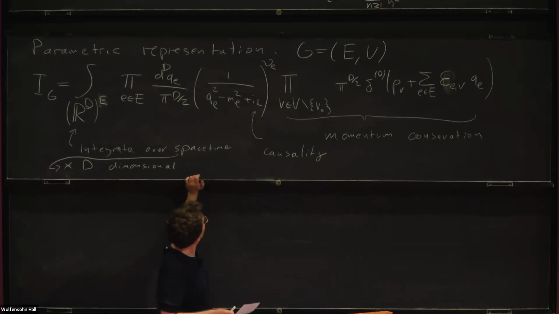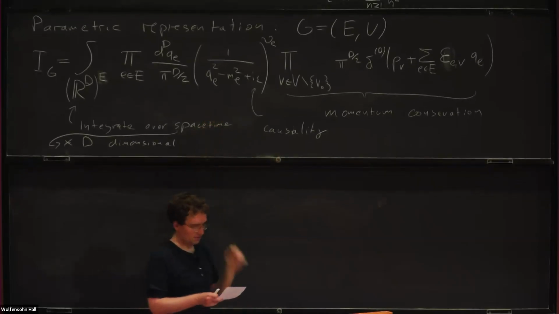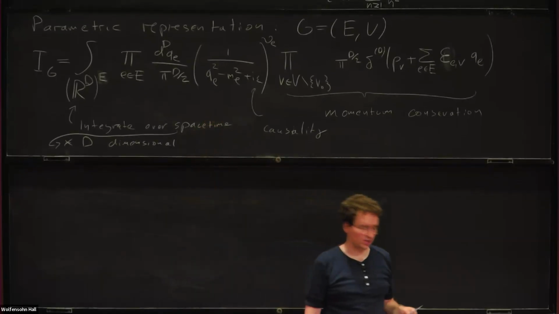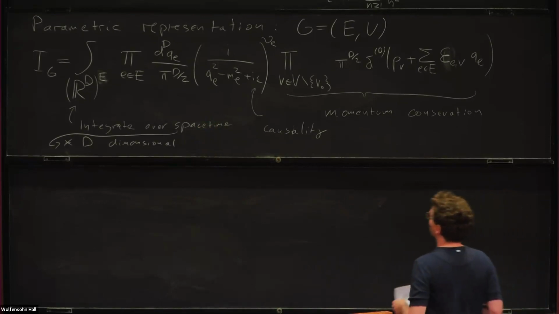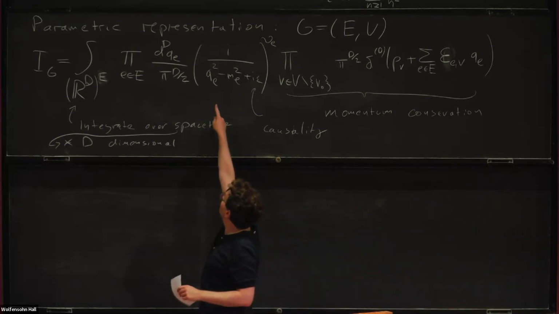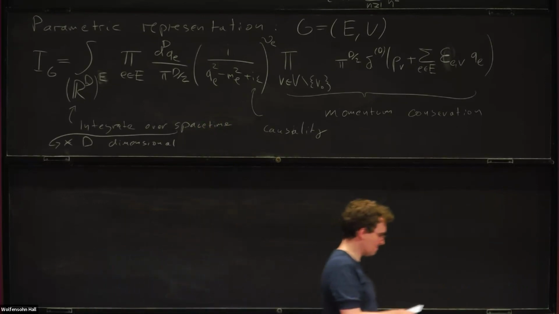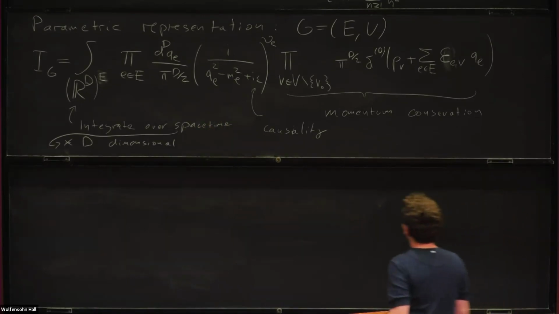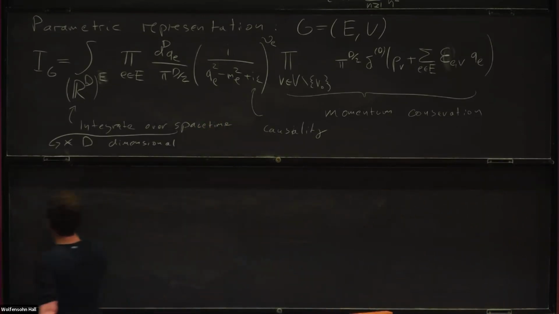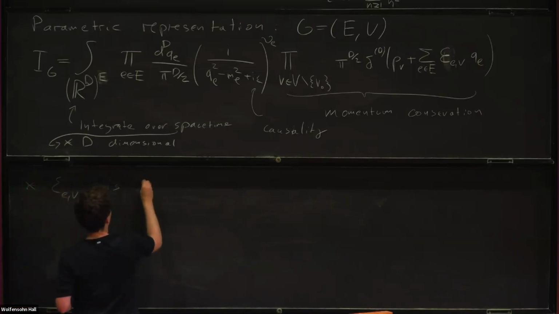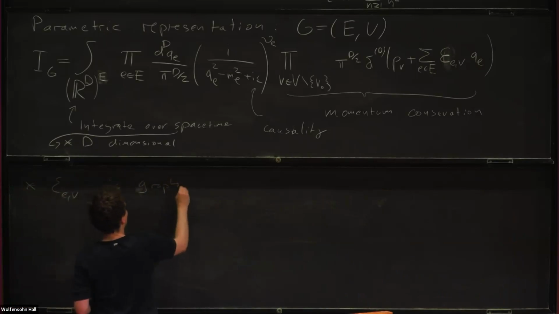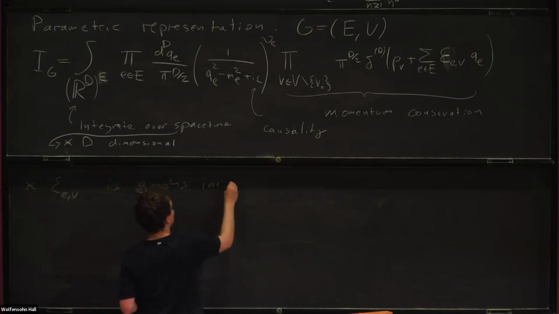And what is implicit there is that we choose some space-time signature. And the space-time signature only comes in this QE square term up there. And this epsilon EV is the graph's incidence matrix.